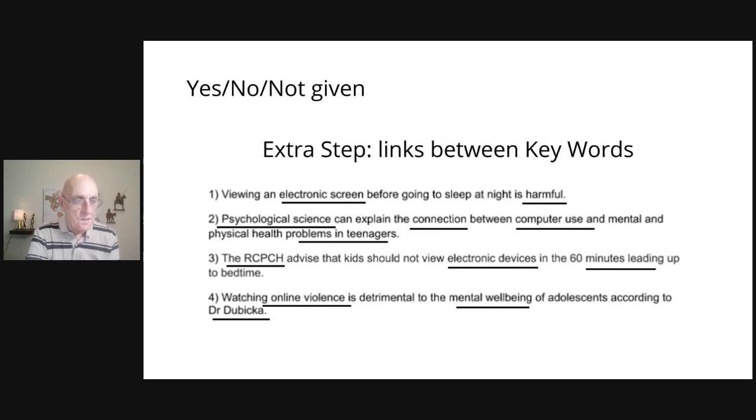Now, one little extra step that we want to do in yes, no, not given is to look for links between keywords, things that may be similar from one question to the next. Because when it comes to looking at opinions and views, there can be very subtle differences.